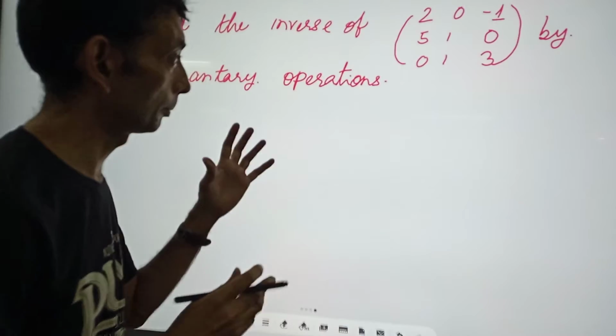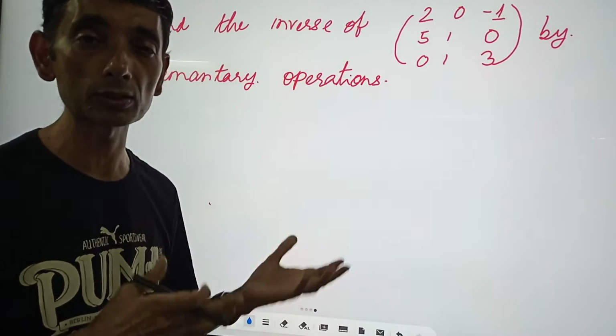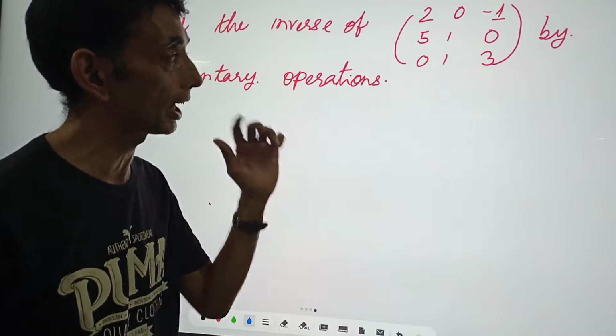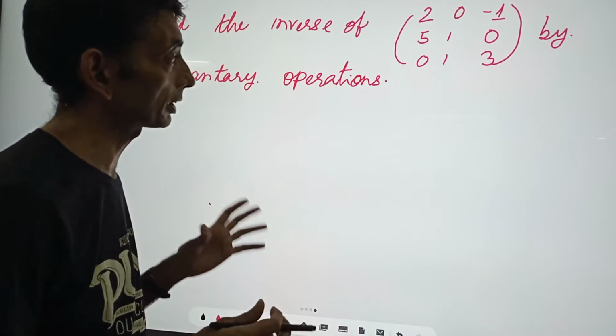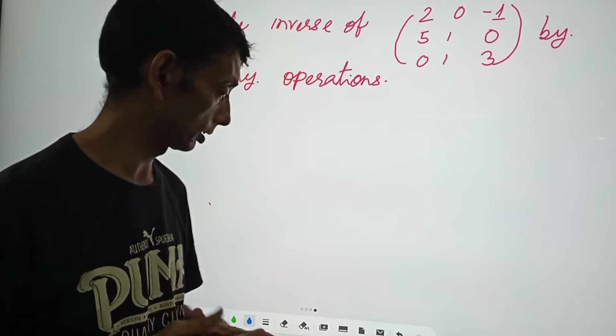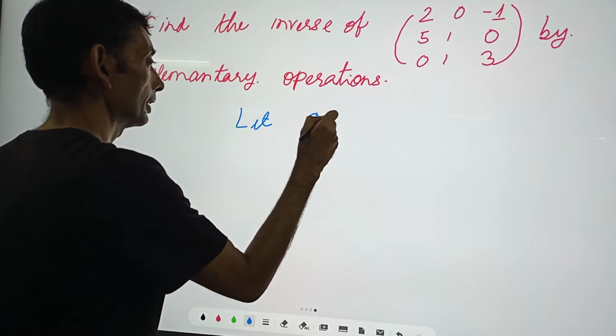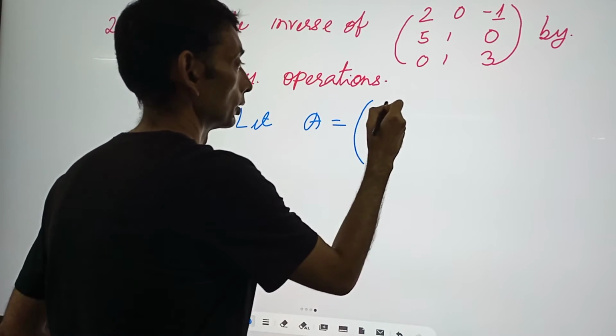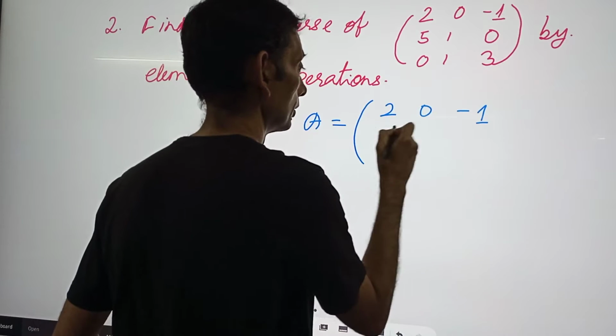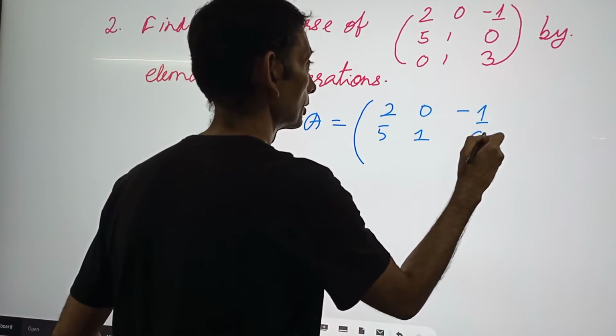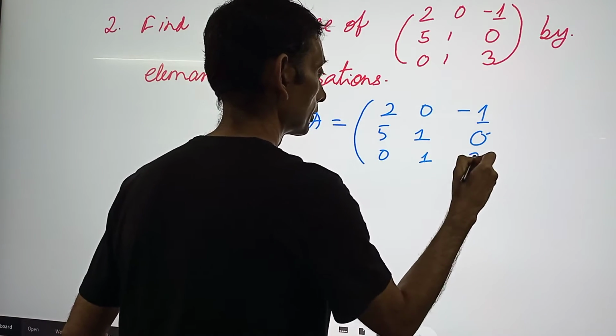Compared to the 2 by 2 matrix, obviously it will have more steps, but the steps are equally easy. Let's start. Let A equal to 2 0 minus 1, 5 1 0, 0 1 3.